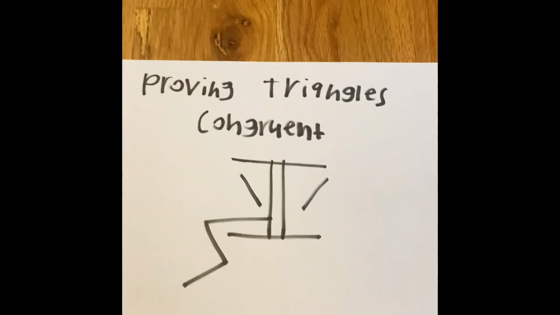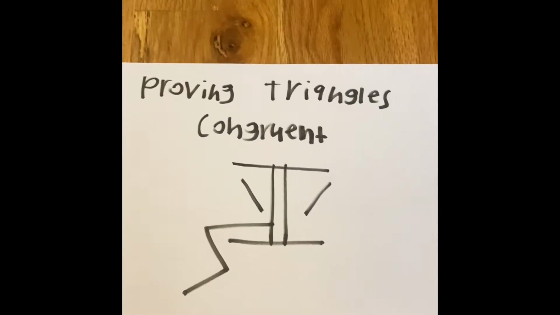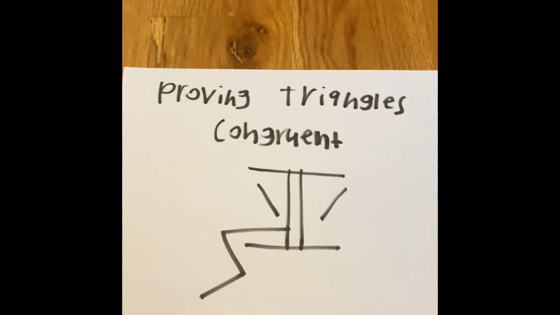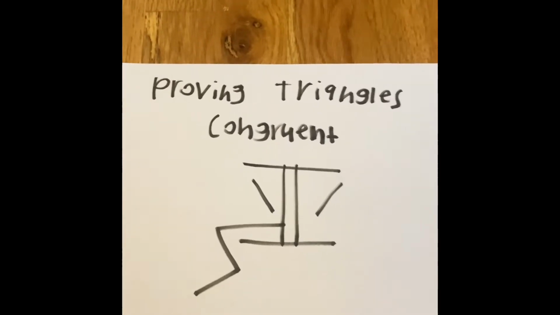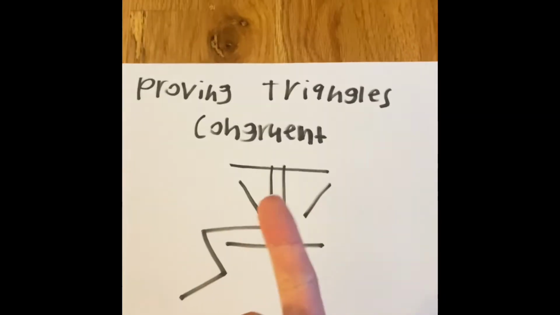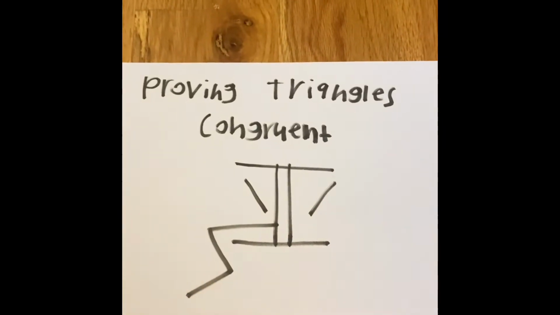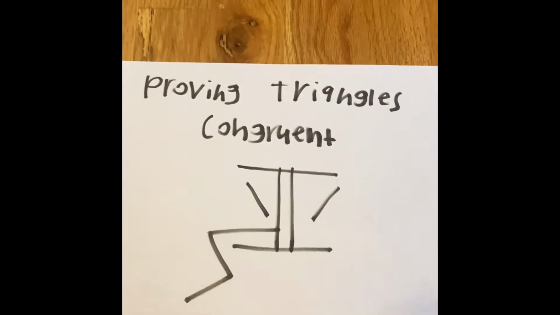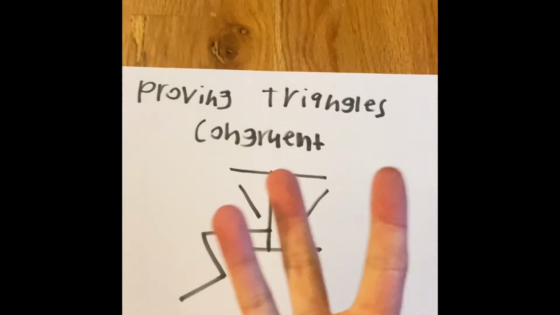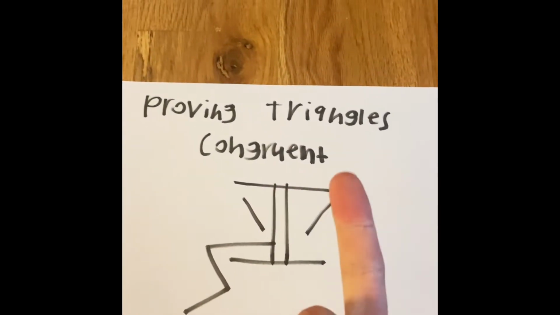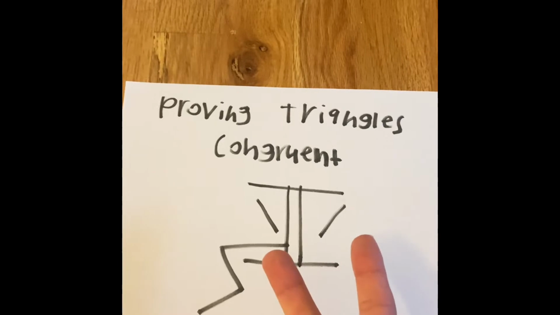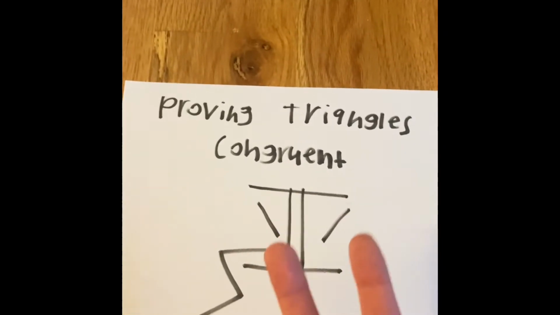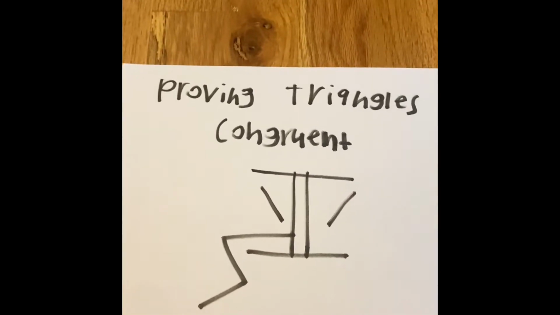To prove a triangle congruent with another triangle, there are some things we can do. We can use the angles and the sides of a triangle to prove them. There are three ways where we use the angles, sides, and segments of a triangle to see if they're congruent.